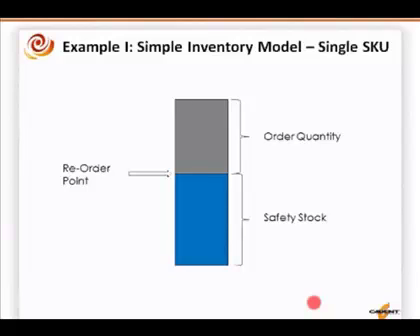Example one is a simple inventory model, single SKU. You have some kind of safety stock in blue, and you have an order quantity which has been calculated, probably using some sort of formula. Some companies probably guesstimate these things. And in between you have a reorder point, so you have working stock. When you reach the reorder point, you place an order to replenish the goods, or a manufacturing order.